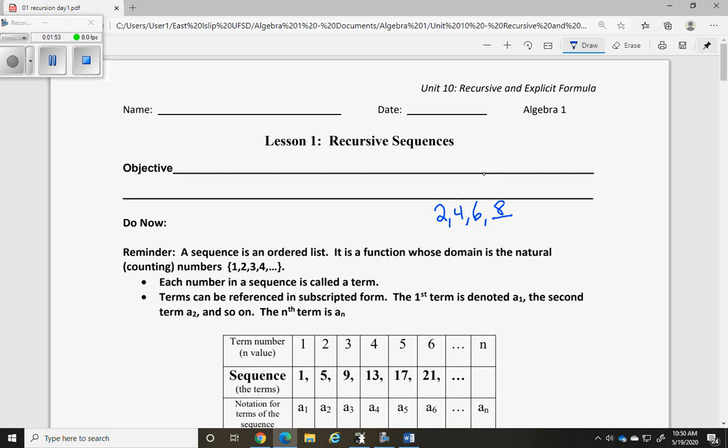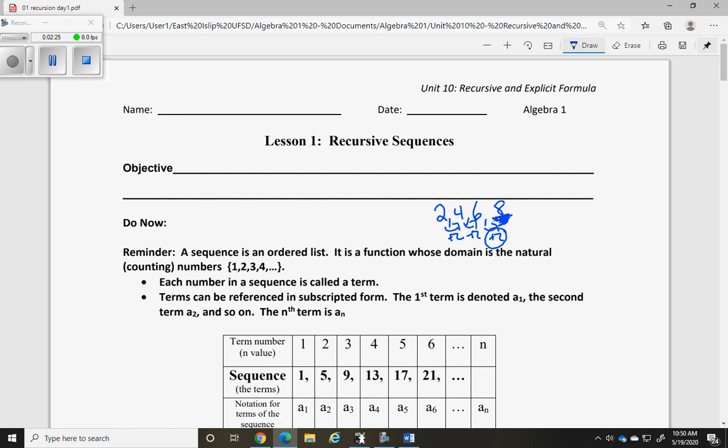It really is something very basic, but it's the notation that we use now that we're in algebra that is something new for you. When you figured out that this missing number was an 8, you actually did it recursively. I'm sure you didn't know what you were doing was a recursive procedure, but hopefully you noticed that you added on 2 and you added on 2, so you decided to add on 2 again.